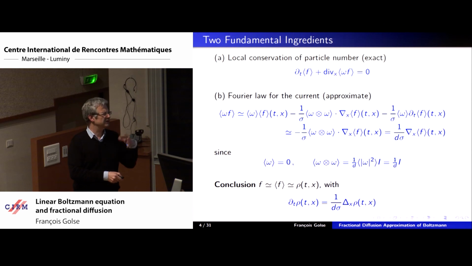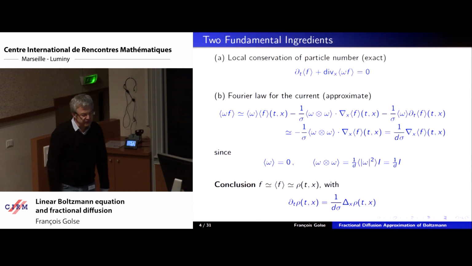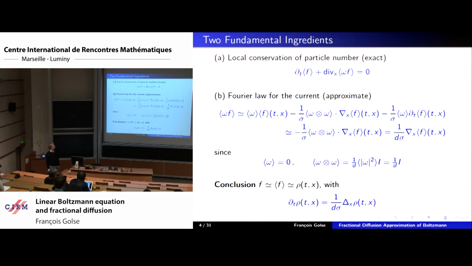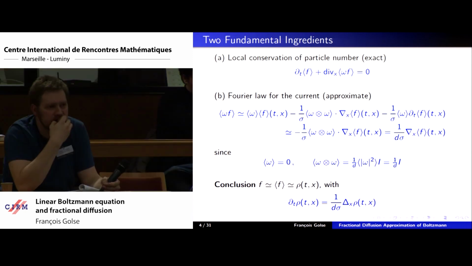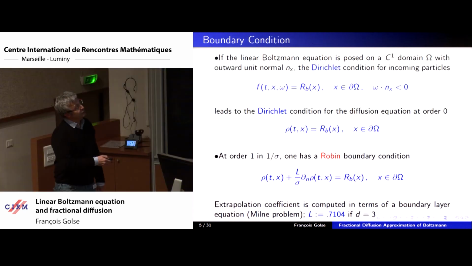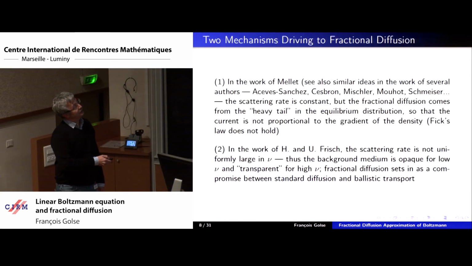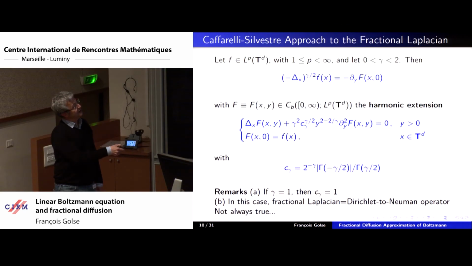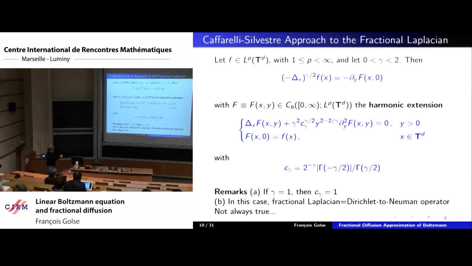But typically it will be the divergence of 1 over d sigma, if sigma depends on x or z or whatever. So it will be 1 over d sigma of z times the gradient of rho, right? So you see immediately that if you want that diffusion equation to be equal to that, then you have to modify the model.